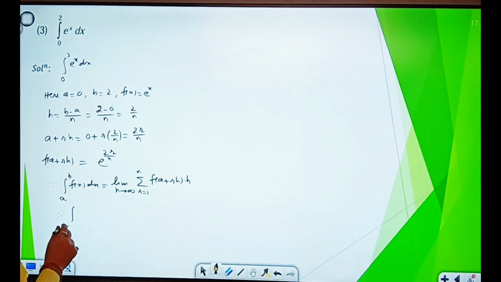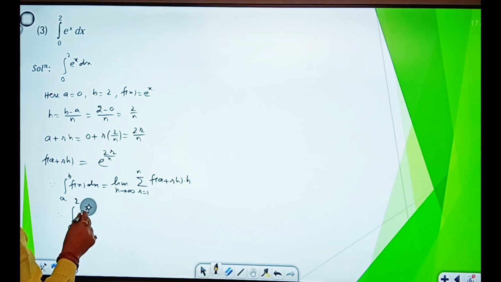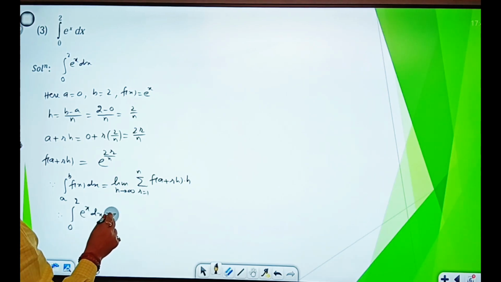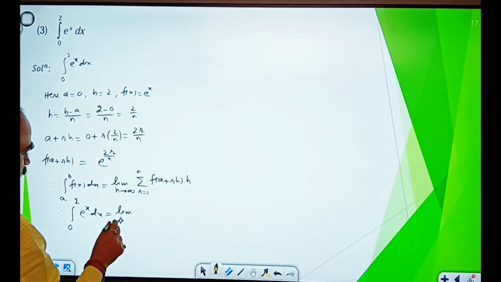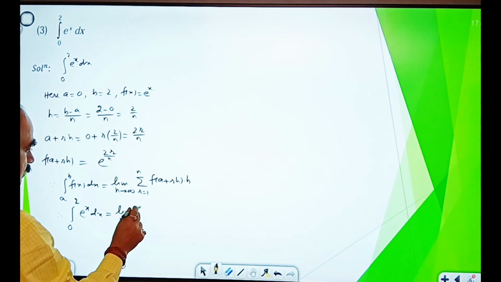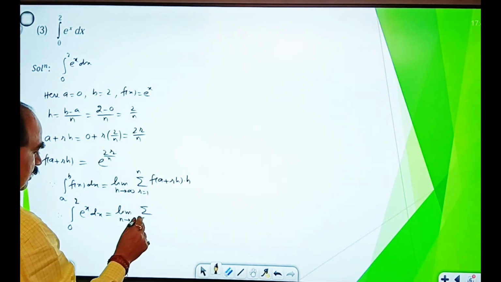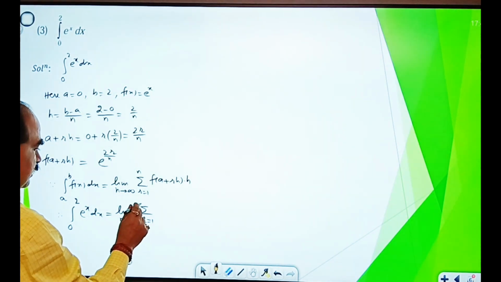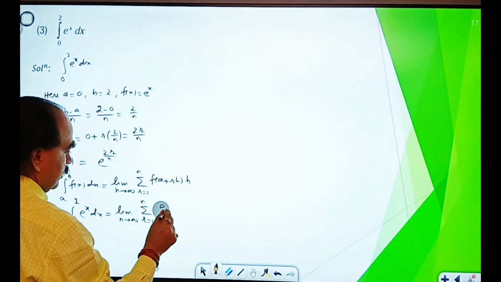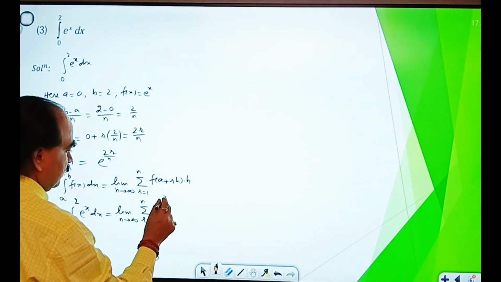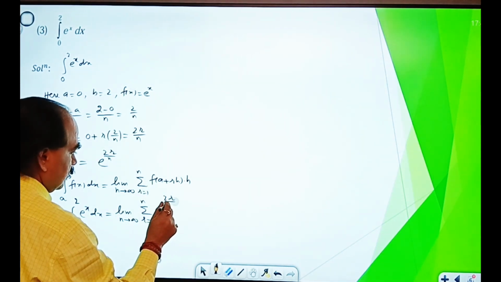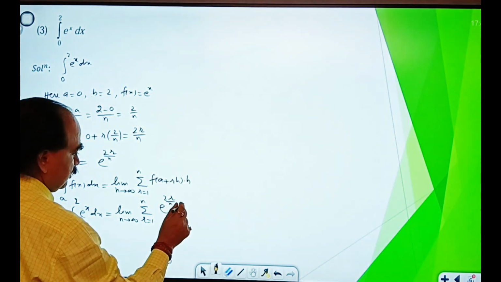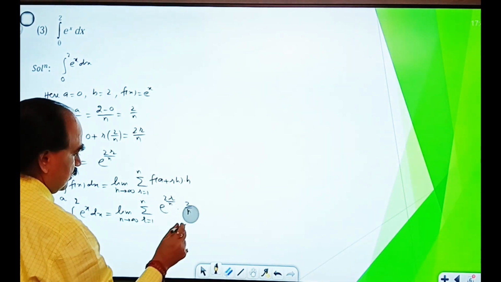So integral 0 to 2, f(x) is e raised to x dx is equal to limit n tends to infinity sigma r takes value from 1 to n e raised to 2r by n into h, which is 2 by n.